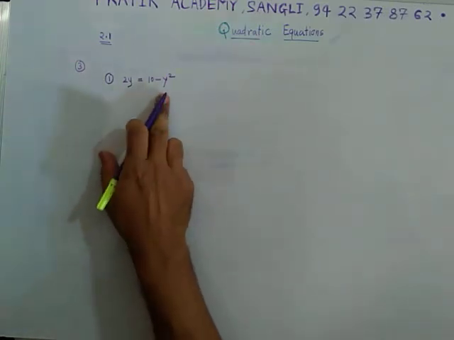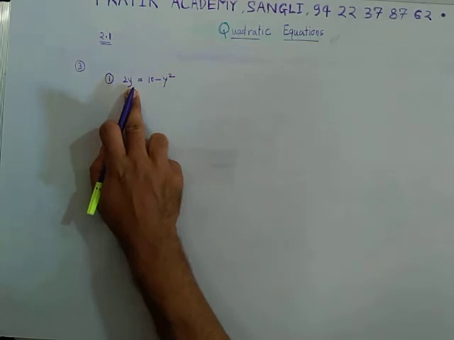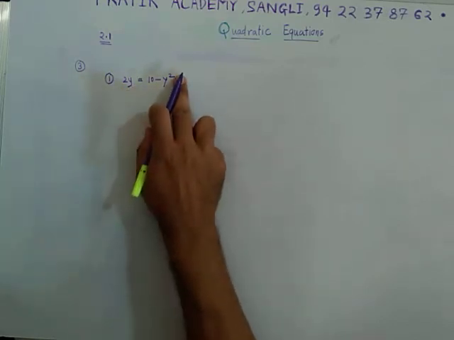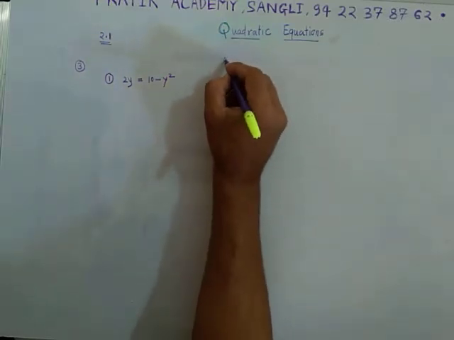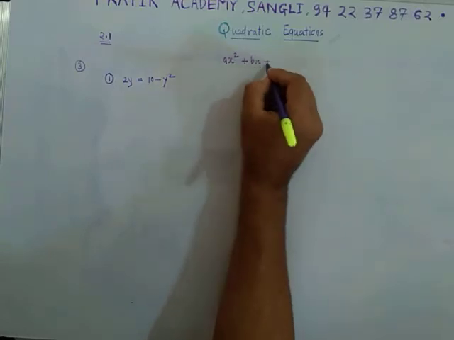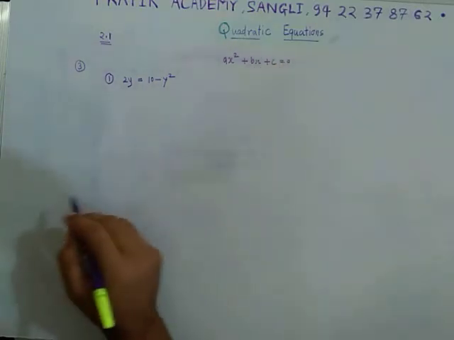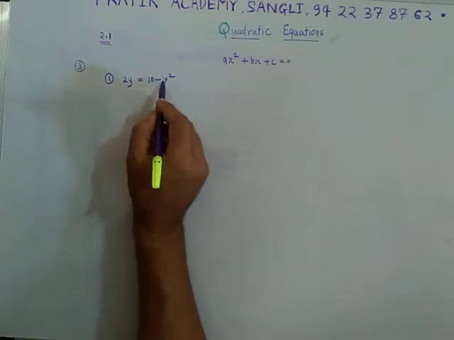This is a quadratic equation because it consists of only one variable y and the highest power is 2. But our standard or required form is ax square plus bx plus c is equal to 0. So I will add the term y square.